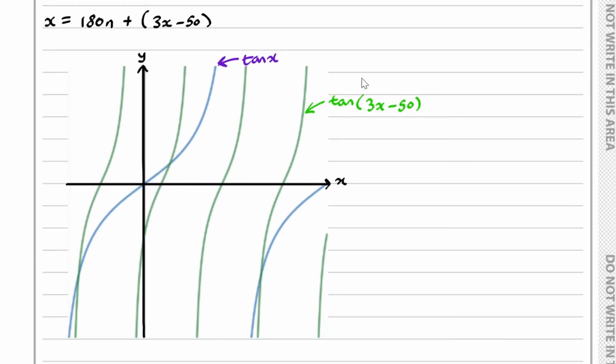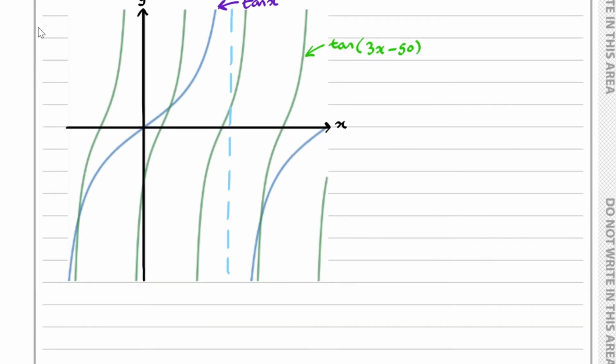Now over here somewhere I have some sort of an asymptote, okay? So let me just add this asymptote in like so. So here I've got an asymptote at x equaling 90, so that's for tan x, and here the graph crosses at 0 and it also crosses at 180, okay?